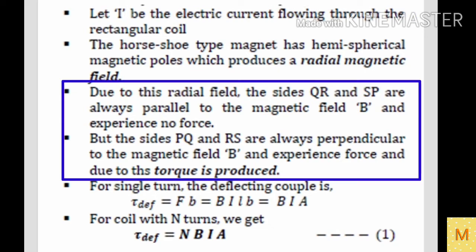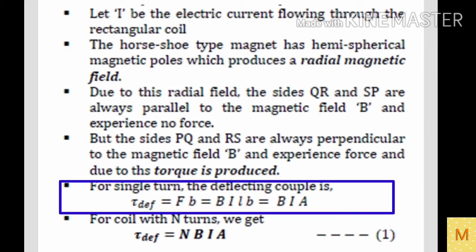Due to this radial magnetic field, the sides QR and SP are always parallel to the magnetic field B and experience no force. But the sides PQ and RS are always perpendicular to the magnetic field B, so that they experience a force, and due to this the torque is produced.